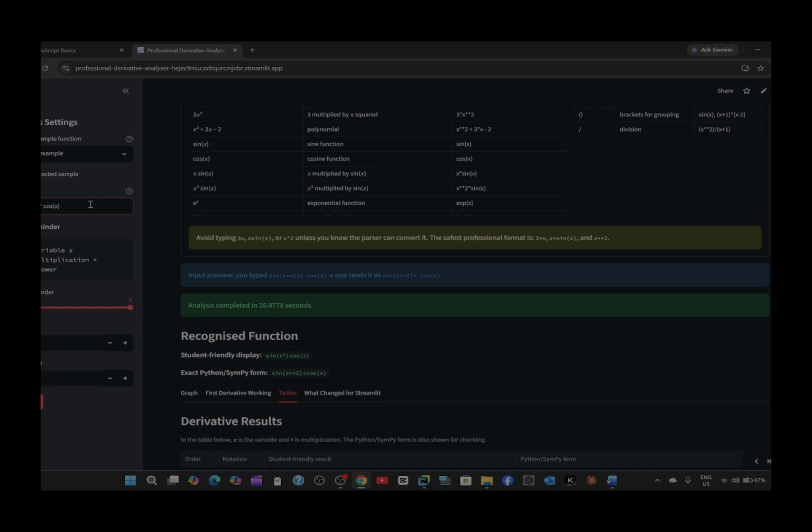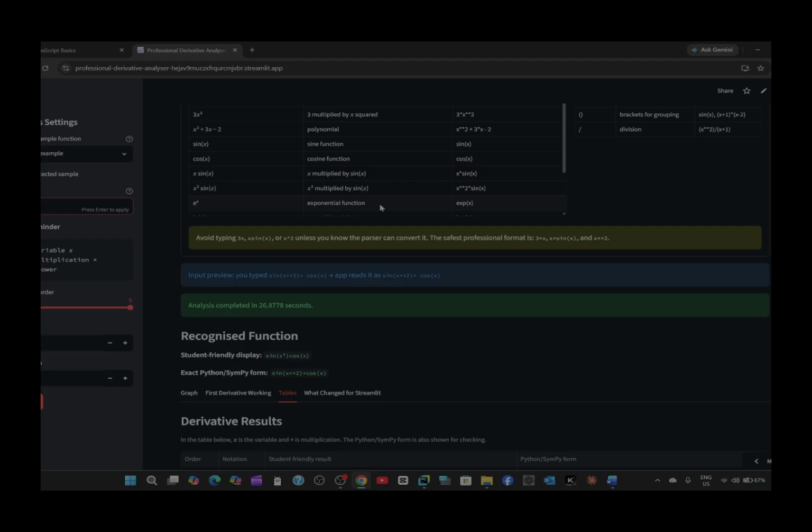You've got your own function, just put it in. In fact, let me put in another one, e to the x, since we haven't drawn that yet. We put exp, don't forget, exp of x.